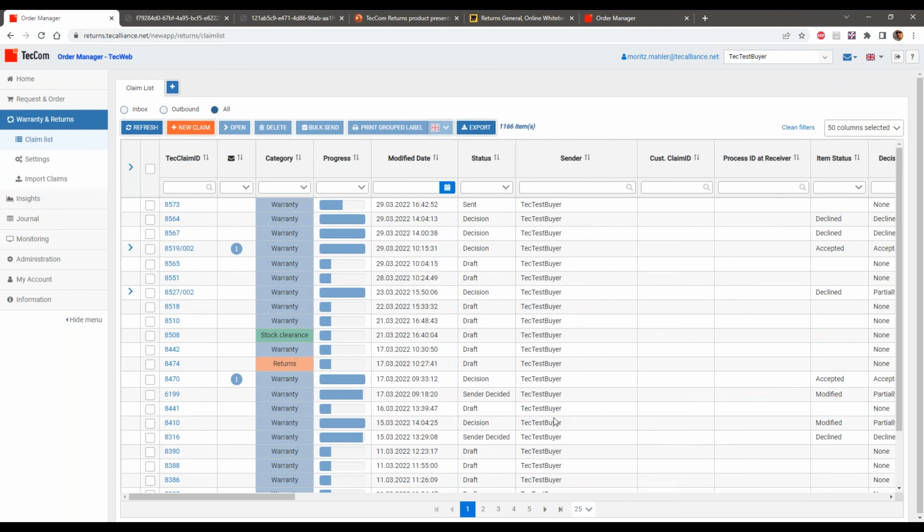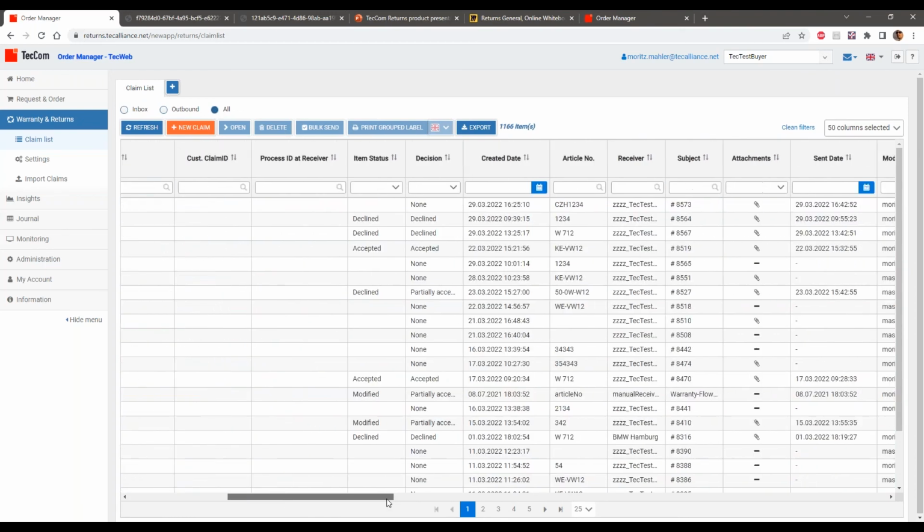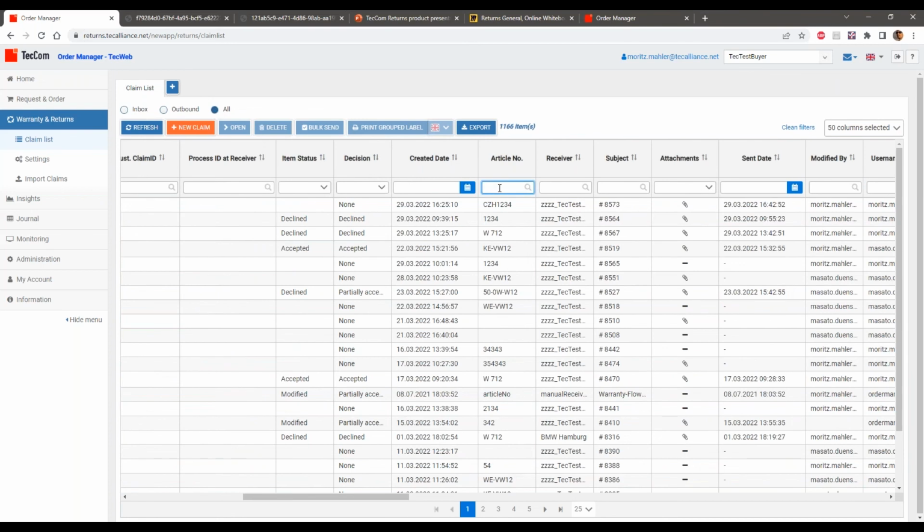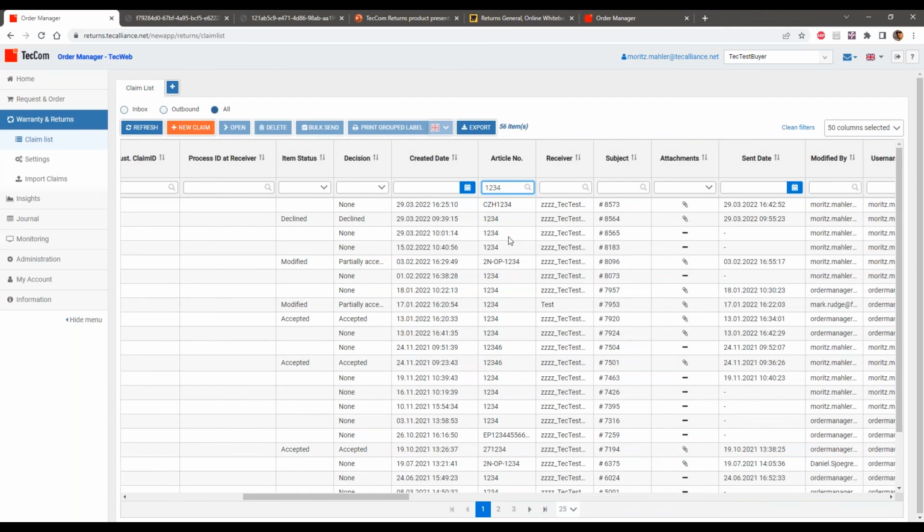So you find your sender, who sent me this claim, and you want to see this claim with this one part. Maybe I did already search for 1, 2, 3, 4. So yeah, we have this, and it was sent to this supplier. So you will find it really, really quick.